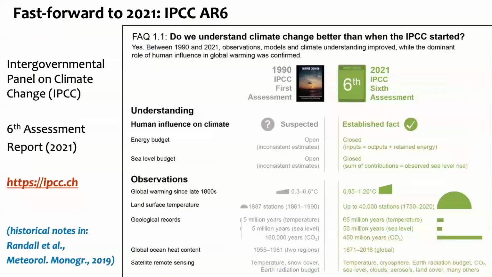Fast forwarding to 2021, this is the Intergovernmental Panel on Climate Change Sixth Assessment Report, a comparison between 1990 and 2021 of things we had no good estimates of, like the energy budget of the globe and the sea level budget, meaning it is partitioned between thermosteric and halosteric on the one hand, and barystatic, that means addition of mass, for example from melting ice sheets.